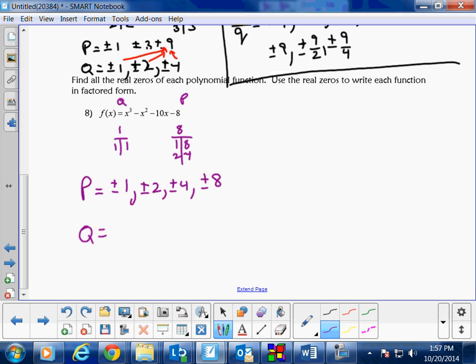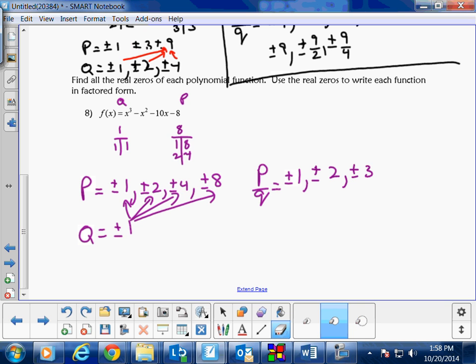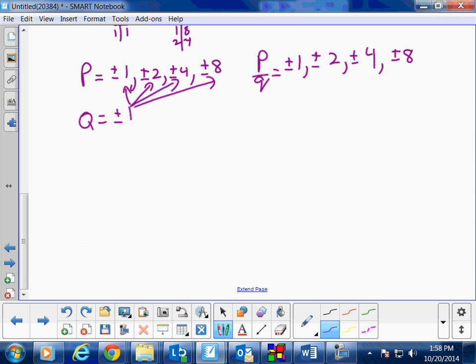Q's are going to be just plus or minus 1. So when I divide my P's and Q's, this one's just going to divide there, there, there, and there. And in essence, give me my same list back. Plus or minus 1, plus or minus 2, plus or minus 4, plus or minus 8.